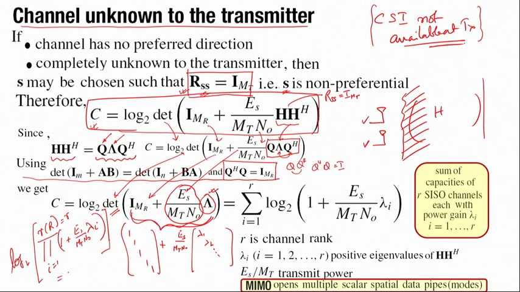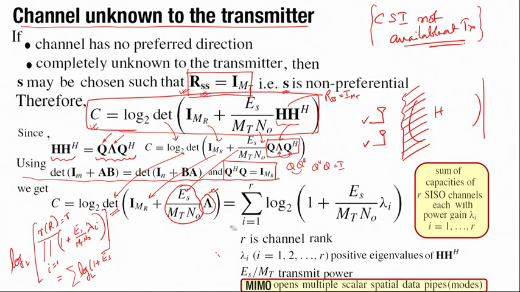So, this would translate to a sum of log base 2 of 1 plus Es by MT N naught multiplied by lambda i, and i goes from 1 to R, which is the rank of the matrix, and this is the expression that you have over here, right.